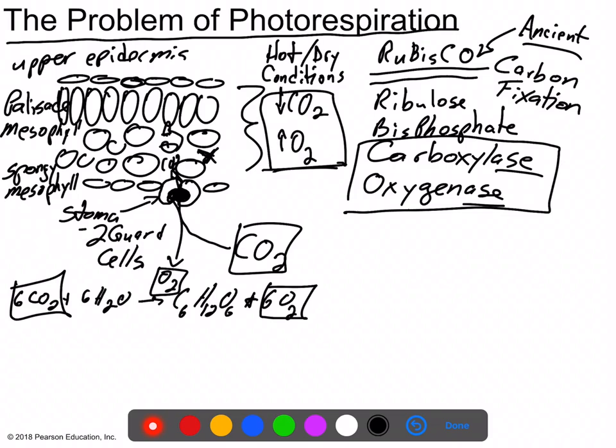And now rubisco has an issue. It can't tell the difference between either one. So rather than trapping CO2, it traps oxygen because oxygen is just more abundant than CO2. And as a result, the plant does not make a 3-carbon sugar. Instead, it makes a 2-carbon molecule.